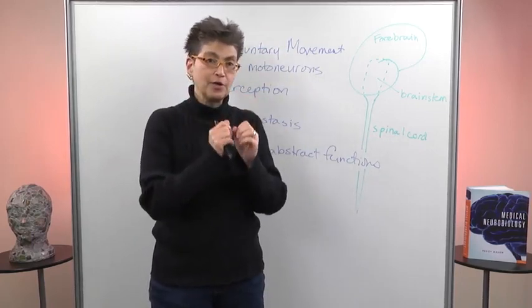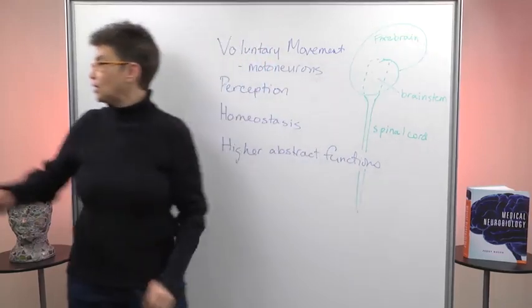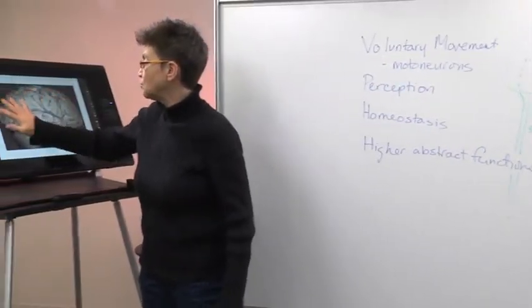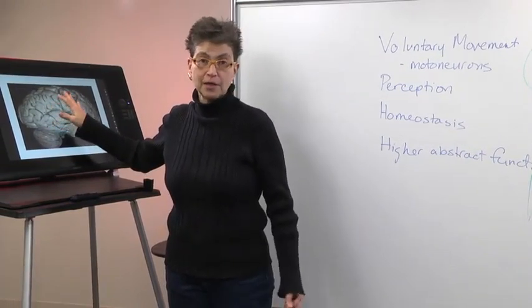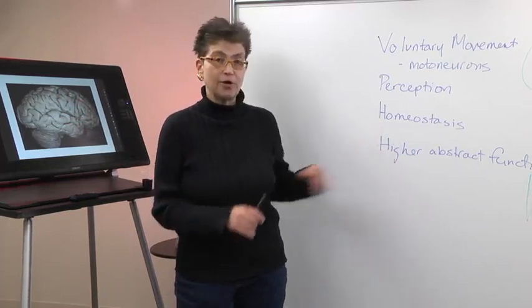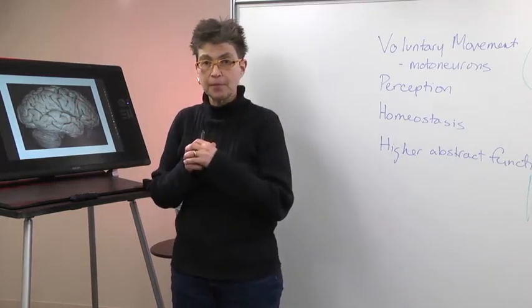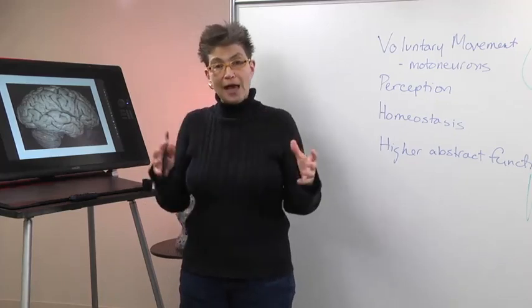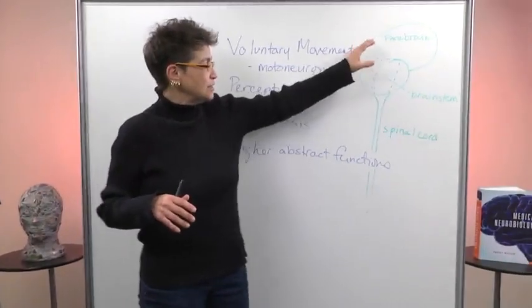So higher abstract functions are an outcome of this same cerebral cortex that is required for perception. And in fact, perception is one of the higher abstract functions that we have, but we're also going to look at it separately.